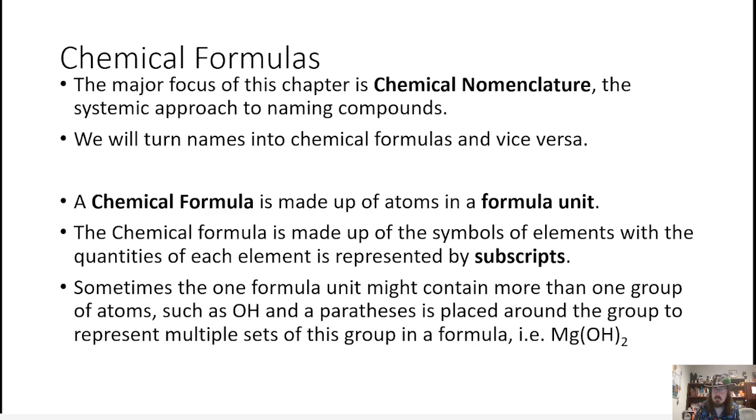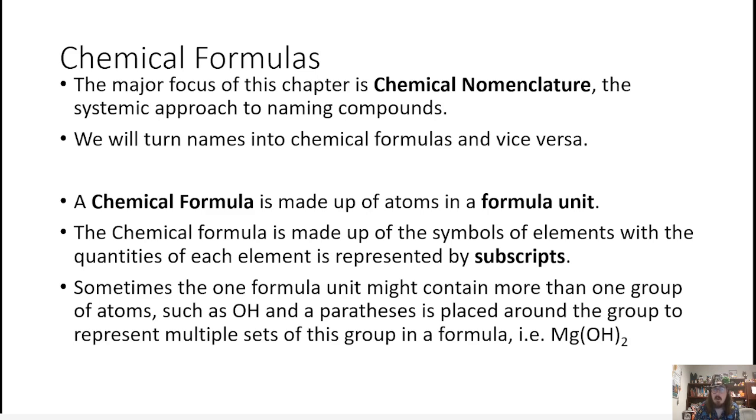Now, sometimes one formula unit might contain more than one group of atoms, such as an OH, and in these cases we use parentheses placed around the group to represent multiple sets of this group. So magnesium hydroxide's formula unit is one magnesium atom for two hydroxide units.